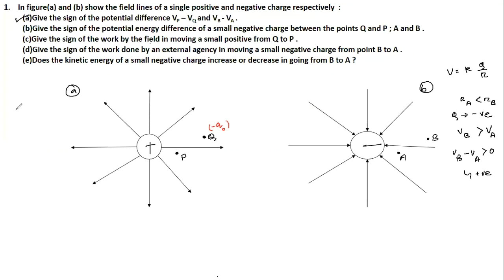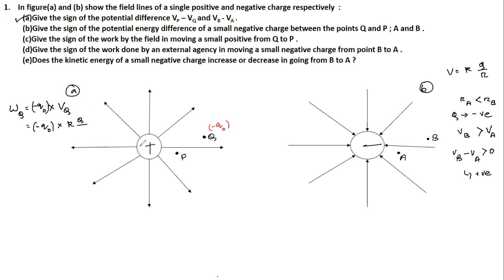When you find the work done at point Q, it will be minus Q naught multiplied by the potential at Q. That gives the work done in bringing this negative charge Q naught from infinity to point Q.